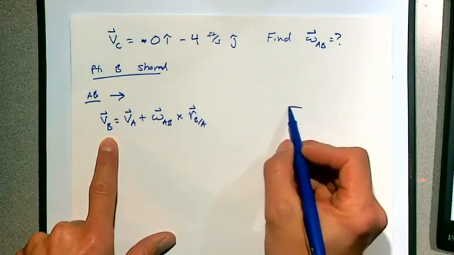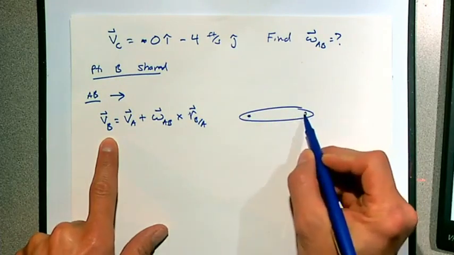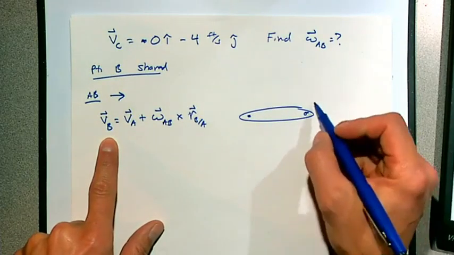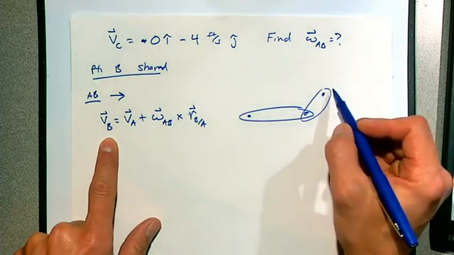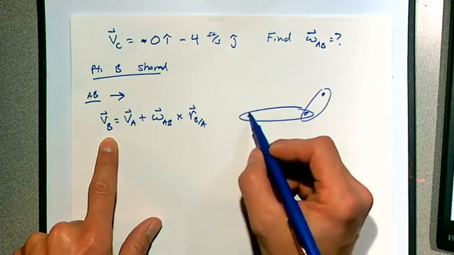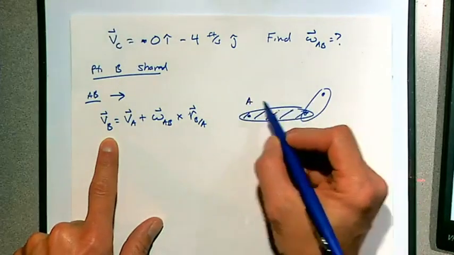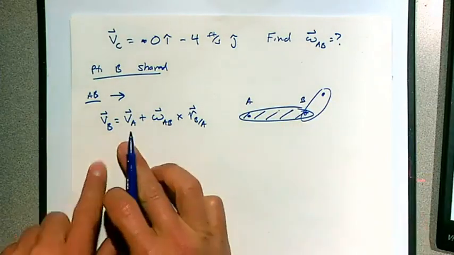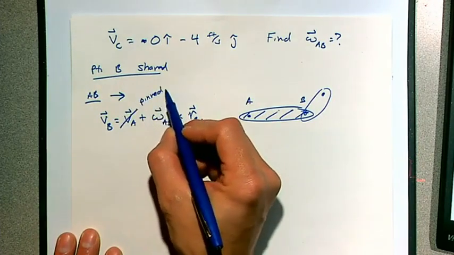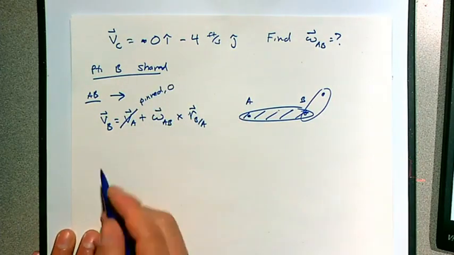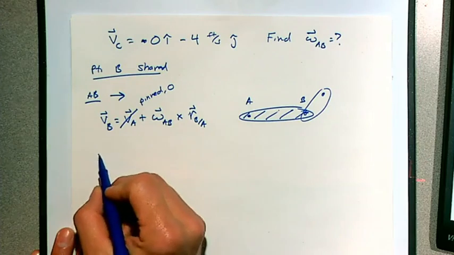It's only valid if A and B are on the same piece. If A was over here, it doesn't work anymore. They've got to be on the same rigid body. So the velocity of A, pinned, is 0. Velocity of B, I don't know.